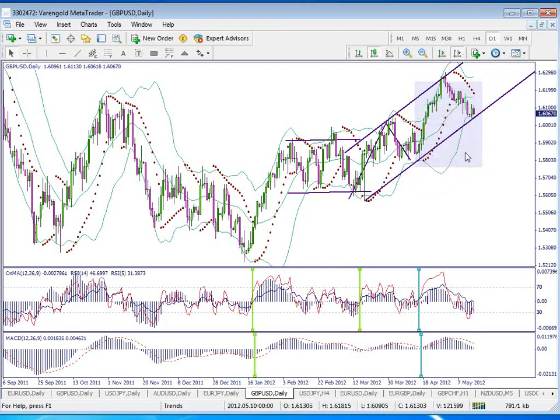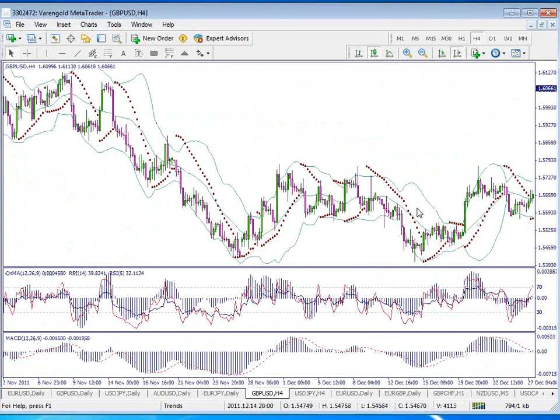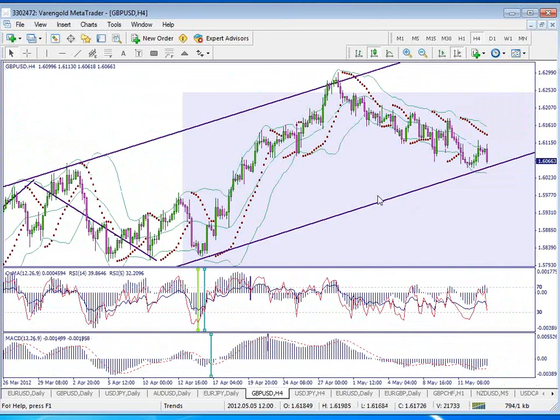Let's go into this rectangle and see how it is working on smaller time frame. Okay. So on 4-hour time frame, on this area, I have the channel and I can anticipate this wave.